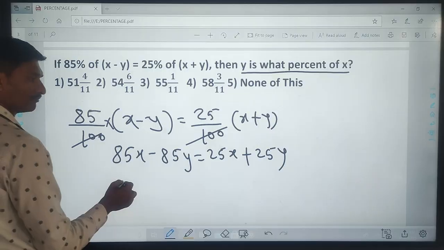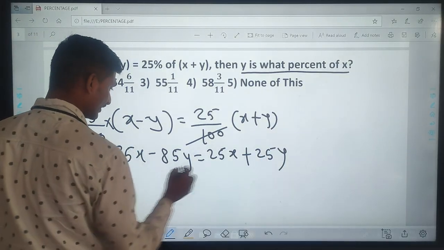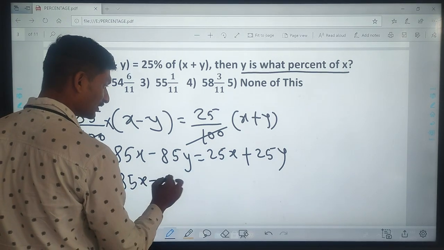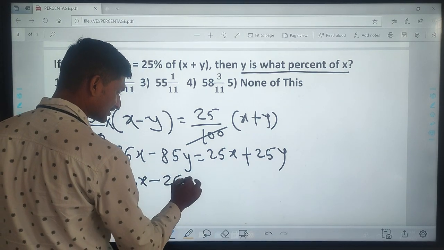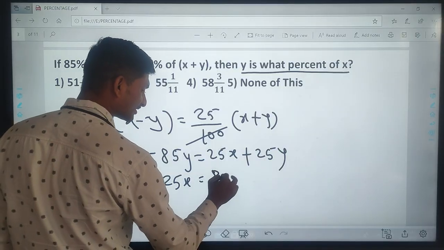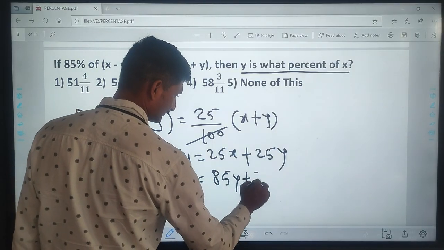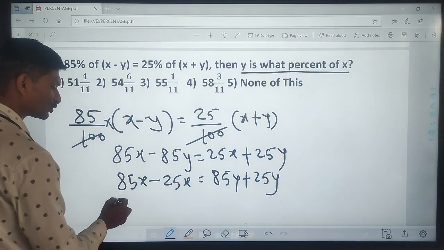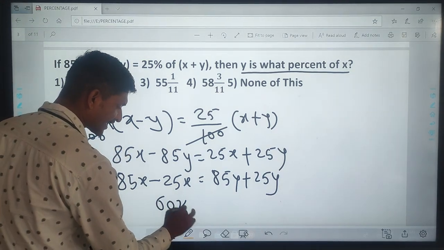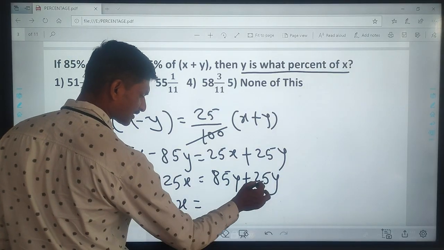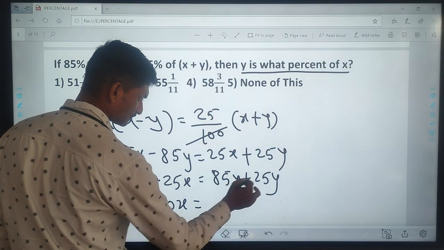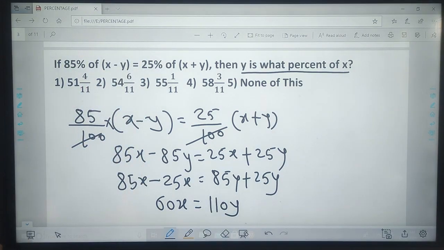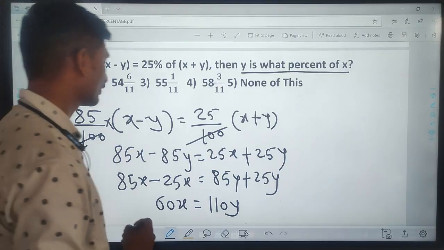Here x comes together, y here. 85x, 25 here plus, there is minus, then 85 here minus, plus, and then subtraction of these two. 60x is equal to 110y.